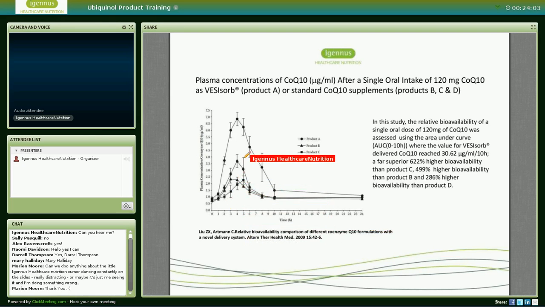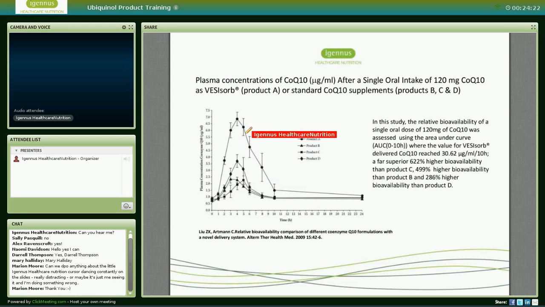So what they were showing was that they took 4 different supplements. 3 of them were standard non-solubilized ubiquinone, and 1 ubiquinone that also had the VESIsorb technology applied to it.